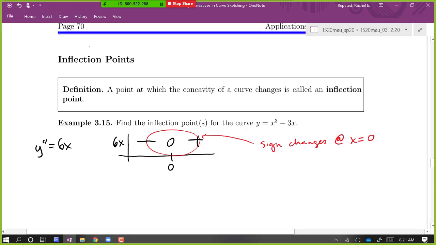And just like the maxima and minima, we need both coordinates. It's a point that we're finding. So when we plug in 0 to the original function, we'll get 0. So the point (0, 0) is an inflection point.